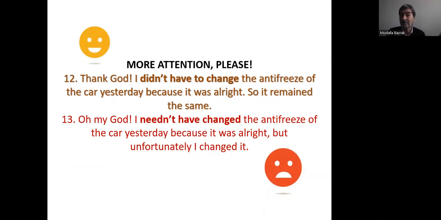Because it was all right, so it remained the same. But of course, this is not the 13th one. It's not the simple modal. It's a modal phrase, the past perfect form of a modal phrase.